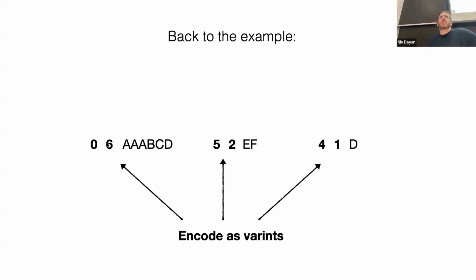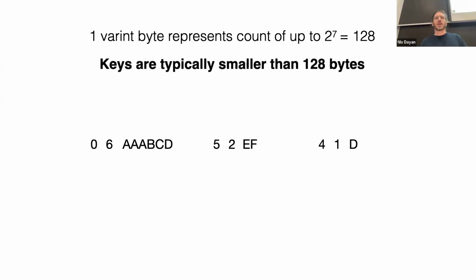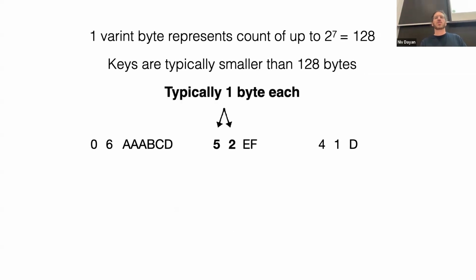But we still have the flexibility to encode larger keys if we need to. Most of the time, we won't have to, because each one of these counters can encode 2 to the 7 values. As long as our keys are no longer than 128 bytes, we're fine. And usually they're not going to be that large. This is a pretty large size for a key. So for the most part, we're spending 2 bytes per key.